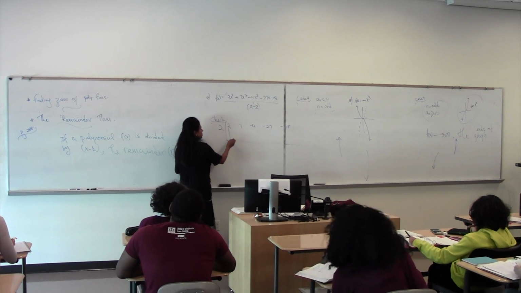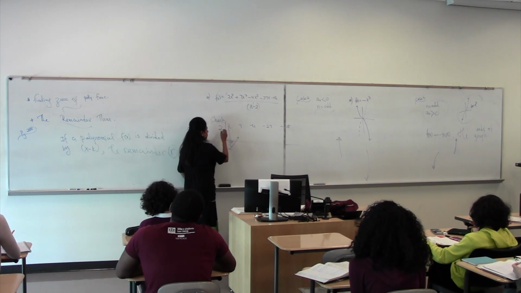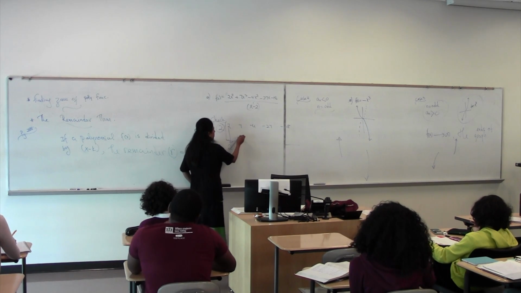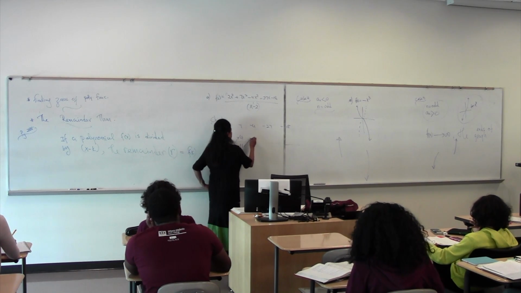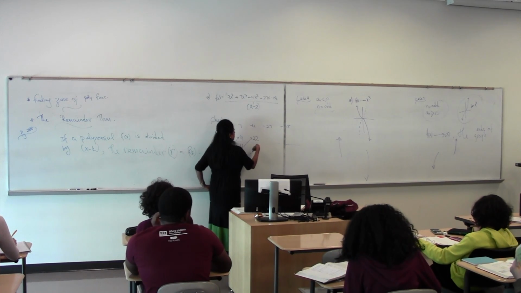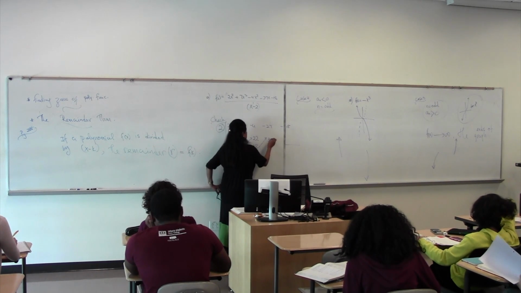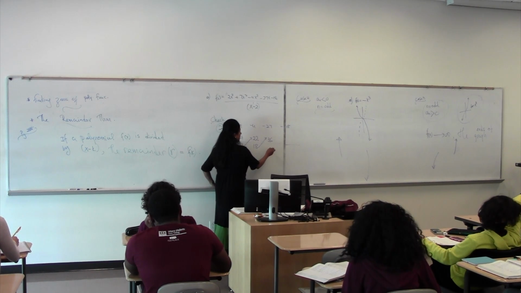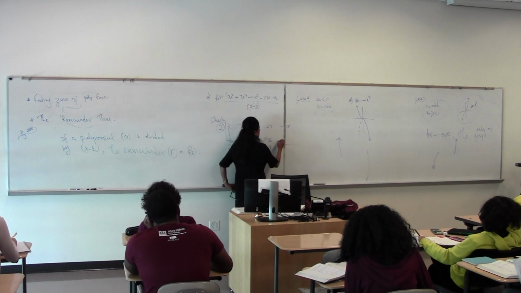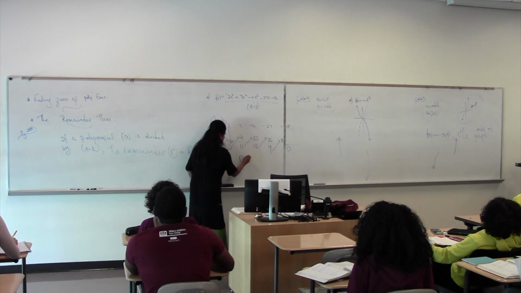So we bring down the 2, multiply by 2, that's 4. 7 plus 4 is 11, multiplied by 2 is 22, which gives 18. 18 multiplied by 2 is 36, which gives 9. 9 multiplied by 2 is 18, which gives 0. Wow, remainder 0.